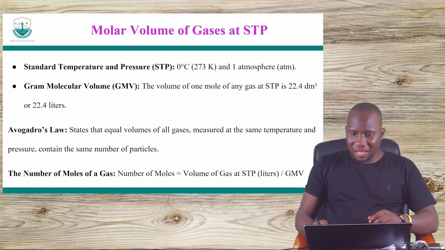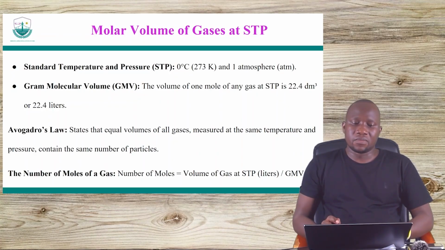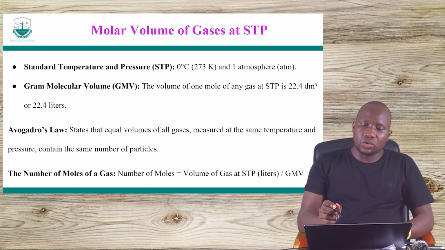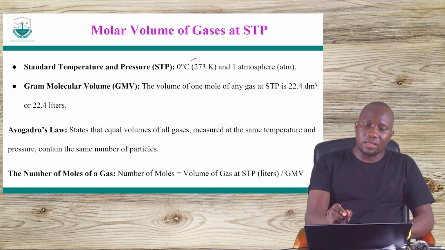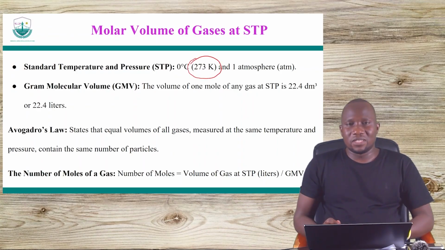Now, there is something that we call standard temperature and pressure. When we talk about standard temperature, we are referring to 273 Kelvin. That is the standard temperature. You can call that 0 degrees centigrade.